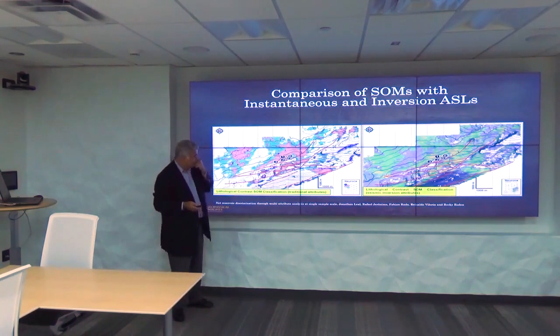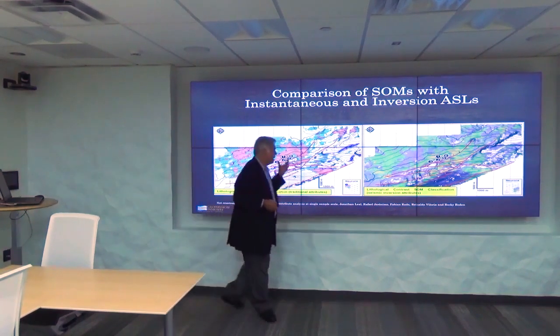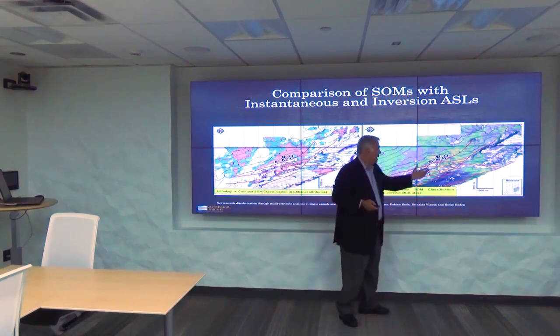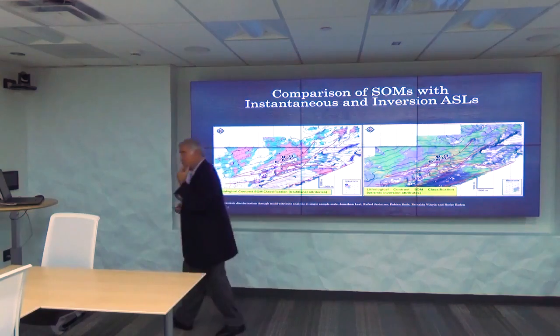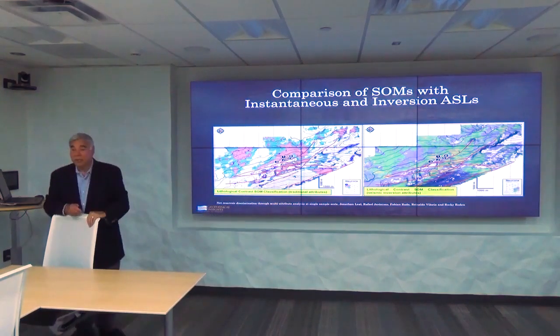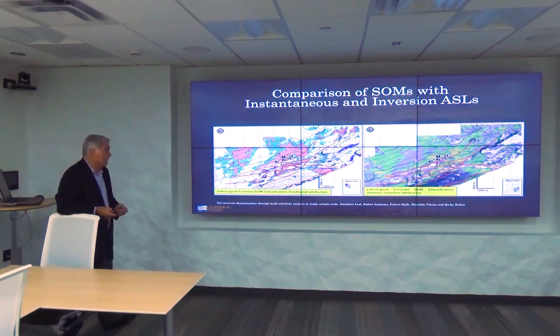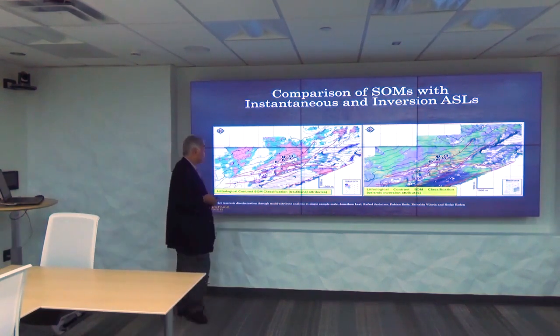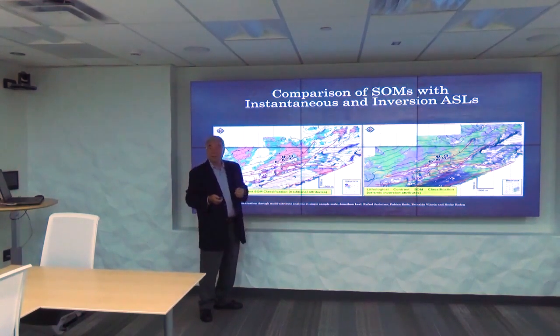And in this area in Mexico somewhere, don't know where, this is comparison using instantaneous attributes and inversion attributes. And I think there were 4 inversion attributes. This stuff was just published just recently, and there's a very nice paper on this for you to take a look at. Interestingly enough, the results are consistent, but they're not 100% consistent.